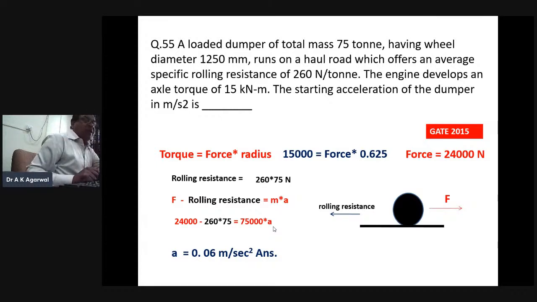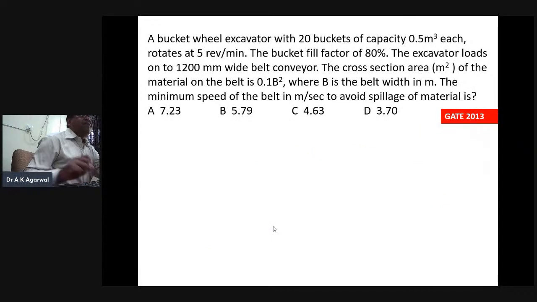Okay, now let us proceed to another question. A bucket wheel excavator with 20 buckets of capacity 0.5 meter cube each rotates at 5 revolutions per minute, with a bucket fill factor of 80%.